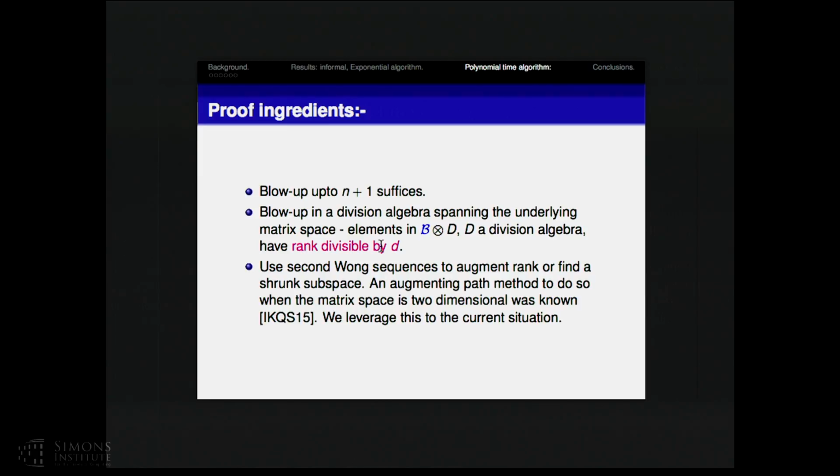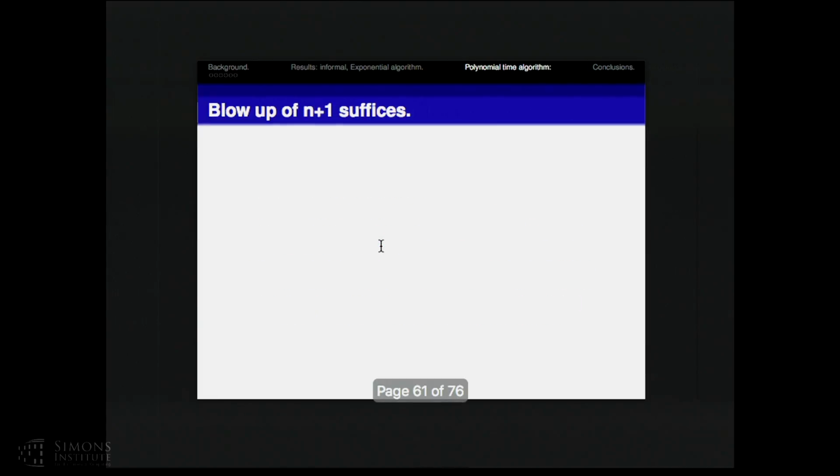And one can show that if I tensor it with matrices inside the division algebra, then in fact the regularity lemma follows, that all matrices here have rank divisible by D. This follows from, and the last thing, the use of second Wong sequences. So I'll just halt with this.